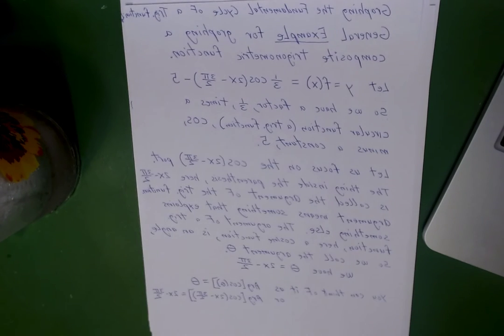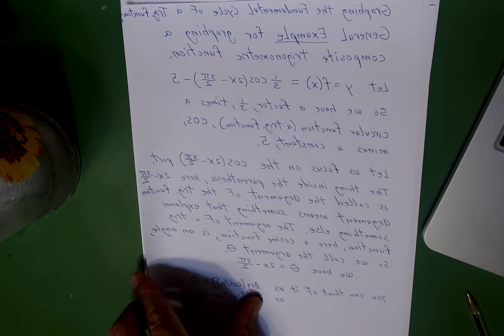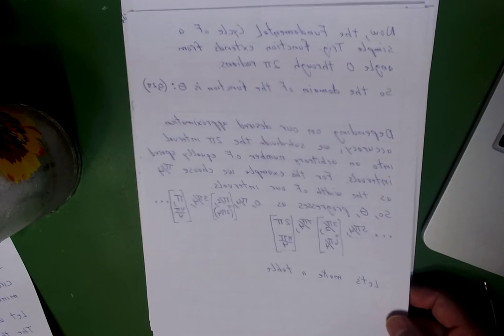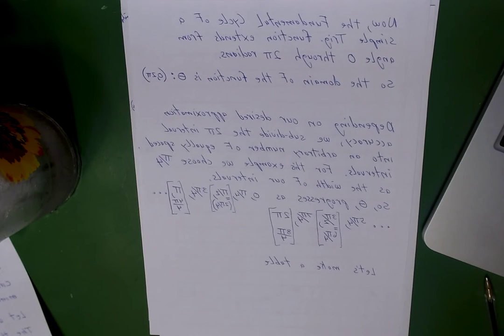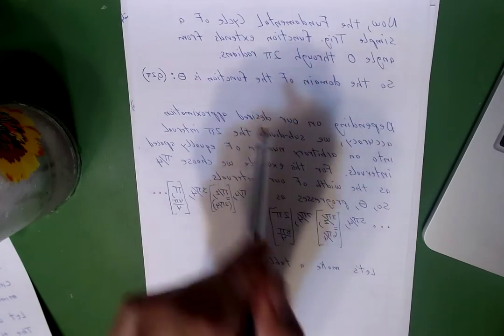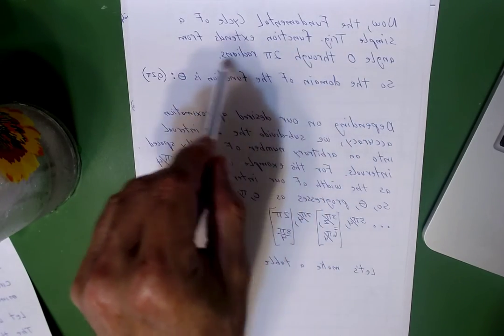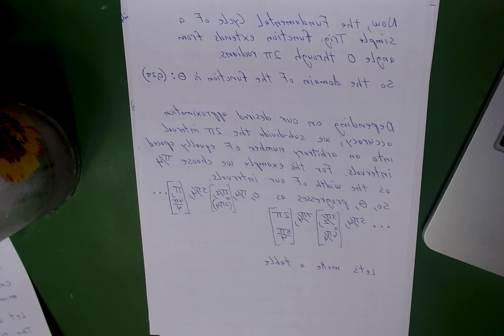Well, theta goes from 0 to 2 pi. So theta traverses from 0 through 2 pi radians for a fundamental cycle, right?